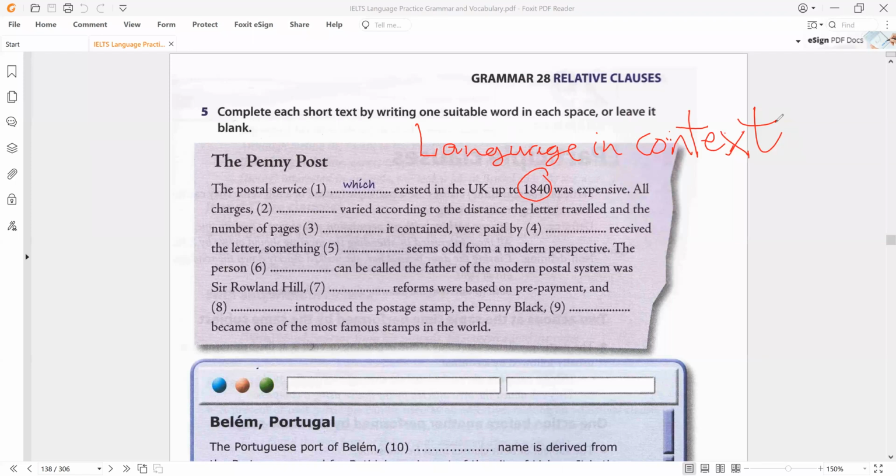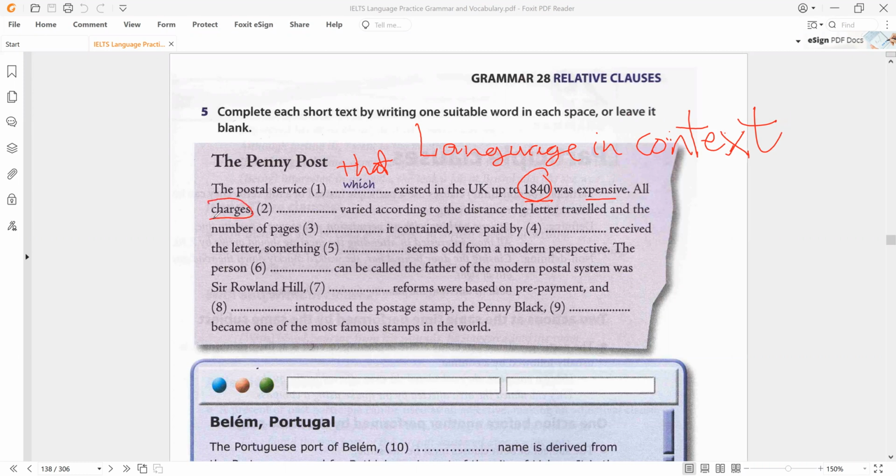Okay, number one. It says the postal service which existed, or that existed, we can even say that, in the UK up to 1840 was expensive.